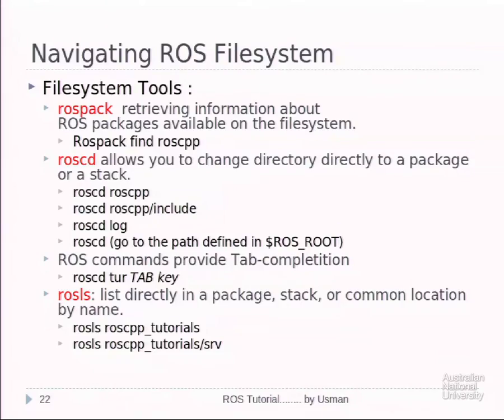Pack means I want some package kind of a thing, so pack is derived from package. ROS Pack is just a command which can tell you that a package depends upon these dependencies. So it provides you that information about that package, or you can find that package as well, whether it is present in my system or not.